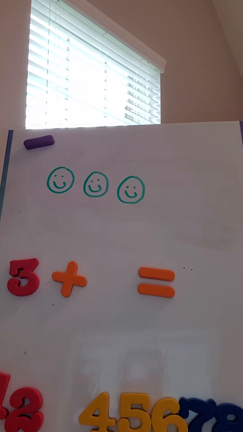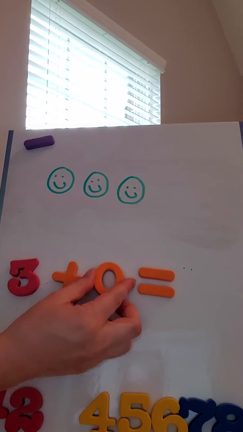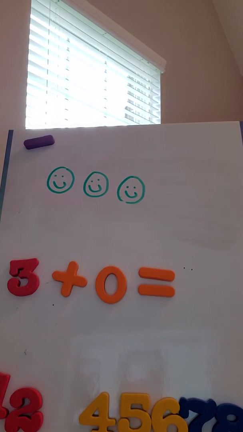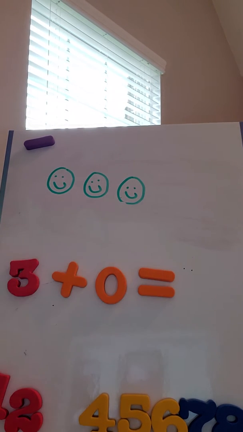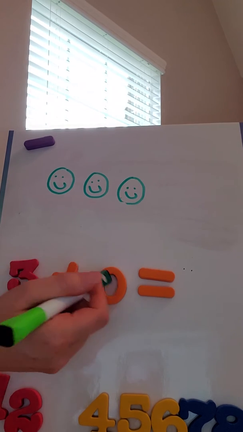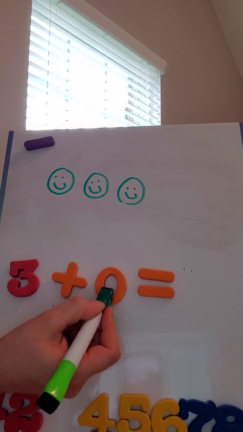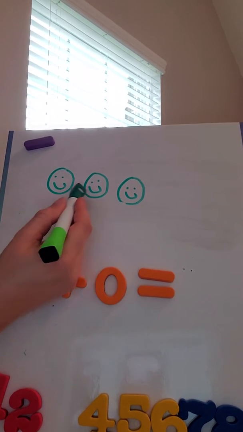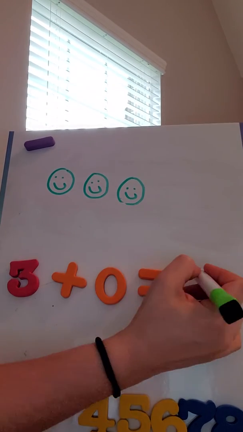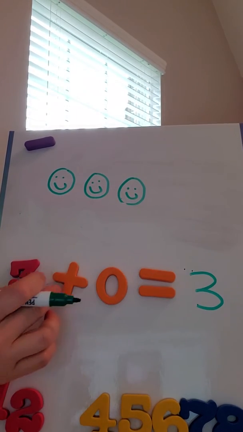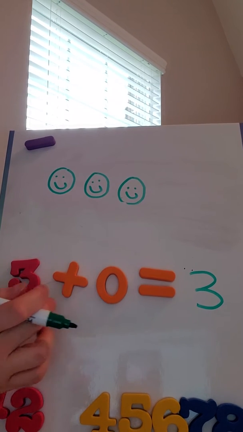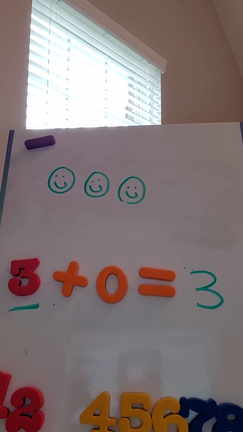What is 0? 0 means nothing, right? So am I going to touch this at all? No, because I'm adding 0. What am I going to be left with? 3 plus 0 is going to equal 1, 2, 3. The same number. Any number added to 0 is that number, okay?